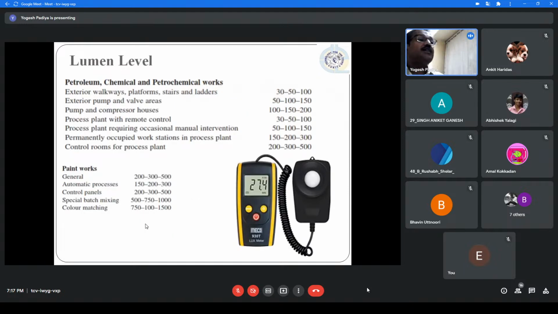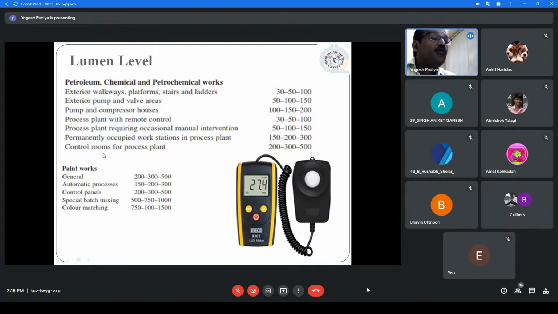How to measure the light level? This is called a lux meter. Lux meters are available in the market. The cost may range between 2,000 to 10,000 rupees. How many lux I want is generally fixed. If you are just walking, you may require a light level in the range of 30 to 100.